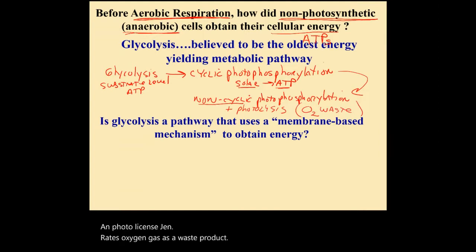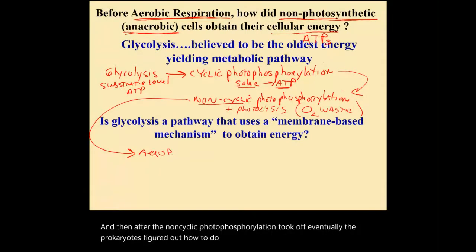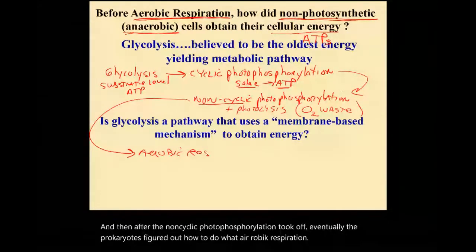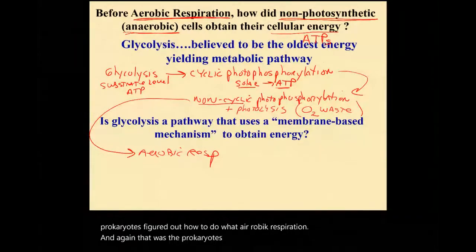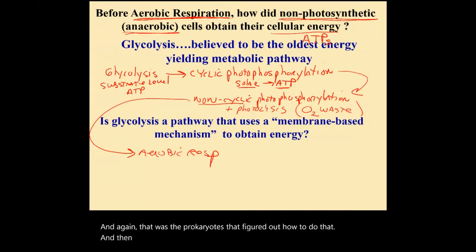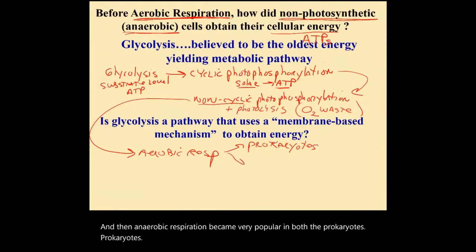Okay. And then after non-cyclic photophosphorylation took off, eventually the prokaryotes figured out how to do what? Aerobic respiration. And again, that was the prokaryotes that figured out how to do that. And then aerobic respiration became very popular in both the prokaryotes and even the eukaryotes.